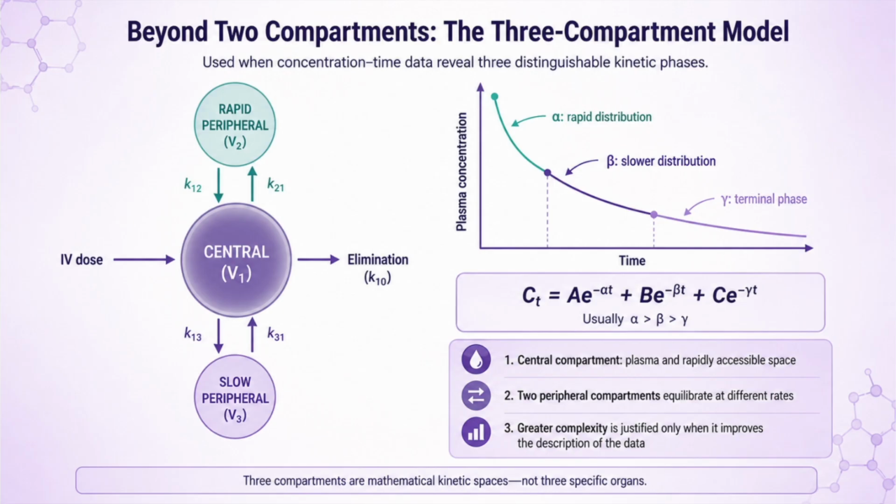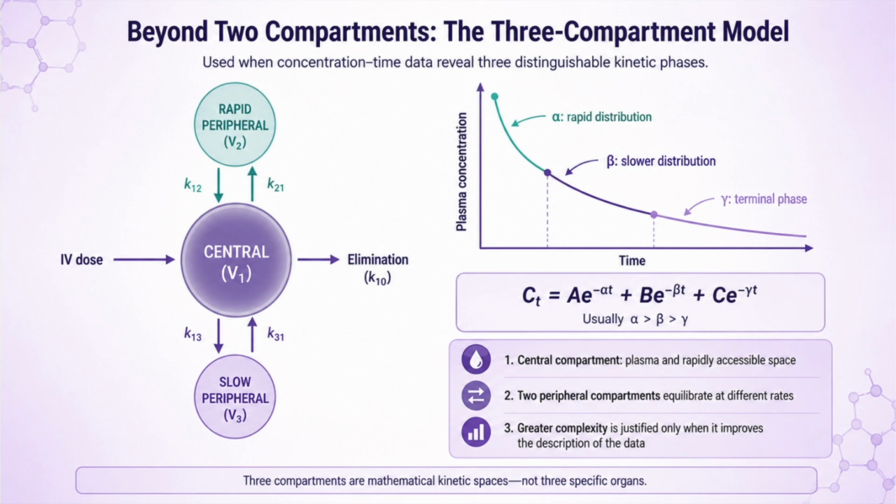The more slowly equilibrating peripheral compartment communicates through K13 and K31. For certain lipophilic drugs, adipose tissue may contribute to a slowly equilibrating peripheral space. However, the slow compartment should not simply be labeled adipose tissue because compartment identity remains drug dependent.